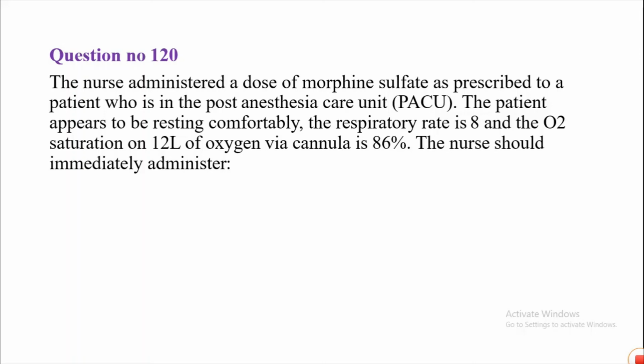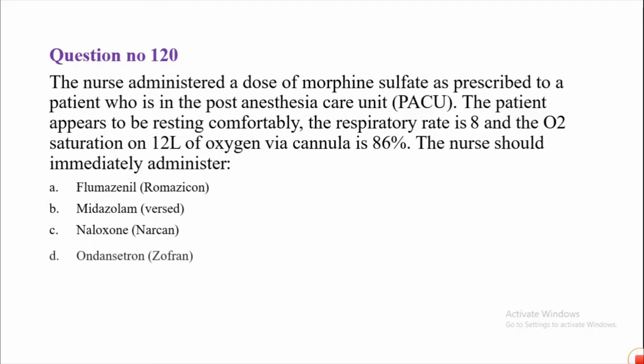The nurse should immediately administer. The options are number A, flumazenil, number B, midazolam, number C, Naloxone, number D, ondansetron.